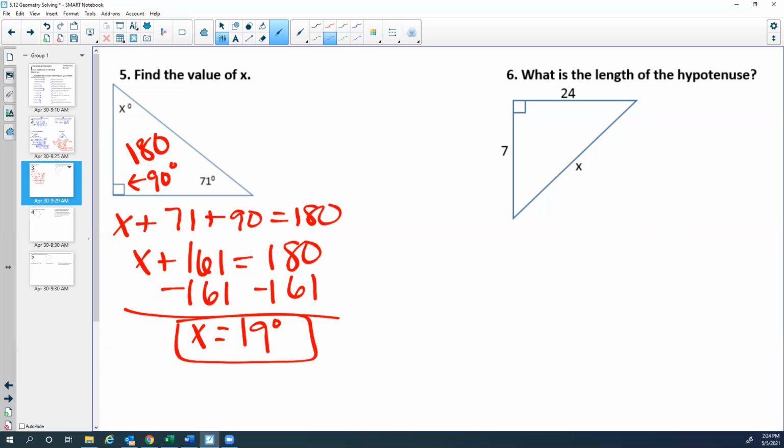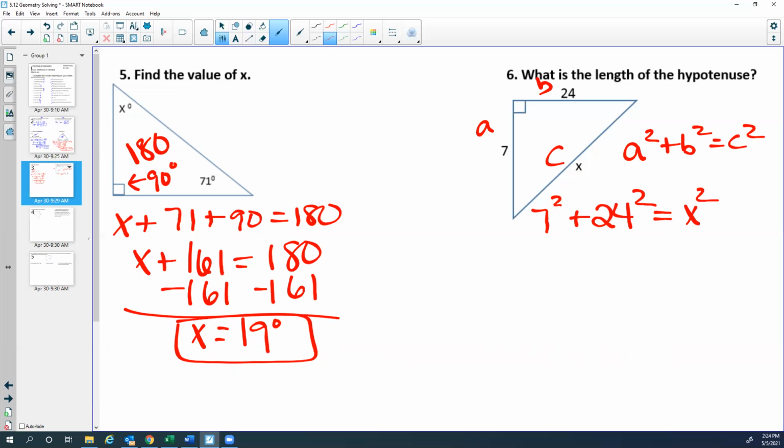Now, number 6, we're now going to side lengths, and this is a right triangle. Whenever you have a right triangle, the side lengths can be determined by doing a squared plus b squared equals c squared, where a and b are your legs, c is your hypotenuse. So we can take our a and square it, plus our b and square it, and set that equal to my c.